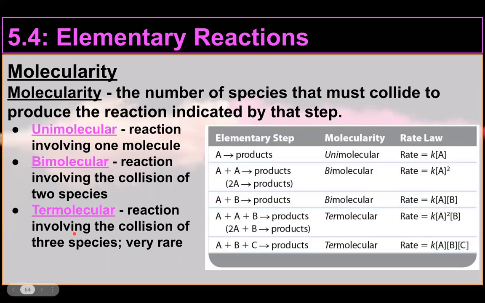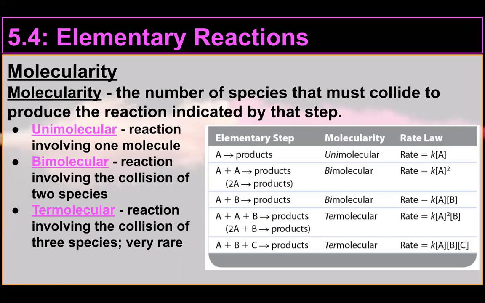Rarely we'll have what is called a termolecular molecularity, where we need three things to collide together. And this is very rare because in order for this to happen, since this is in one step, these three things have to collide at the same exact time in a very specific orientation. And if they don't, then nothing is going to happen.